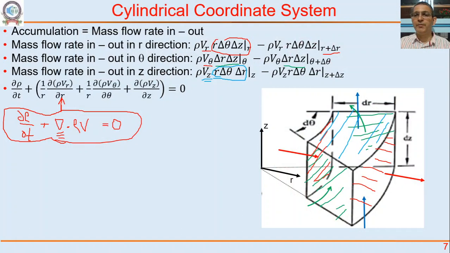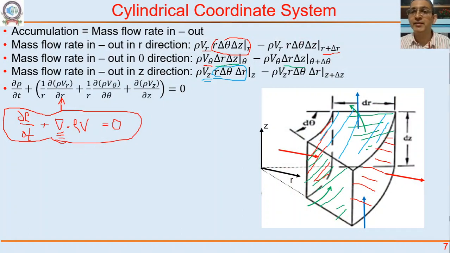Cut it in the z direction, you will get a slice, and cut it in the r direction. That's how this fluid element will look like.